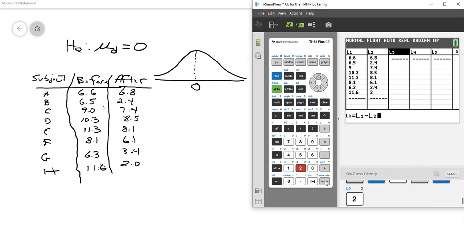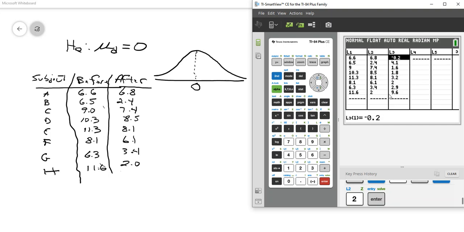L1 minus L2, equals. So you see what we did is that L3 automatically put in all the differences. So I can see the variability in the differences.